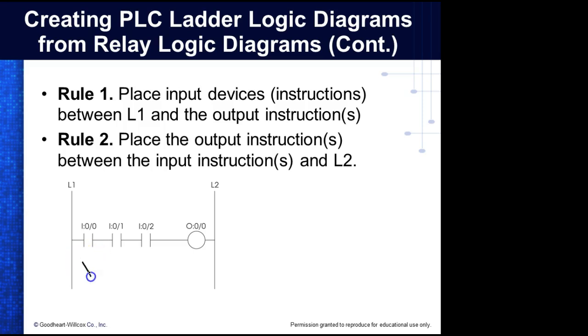So this is an examine if closed. We have two of those in here. There's an examine if closed instruction. And this is an output energize instruction. This makes sense. And then what we have to do is we give it an address that tells the PLC the location of the terminal that this switch is going to be connected to.